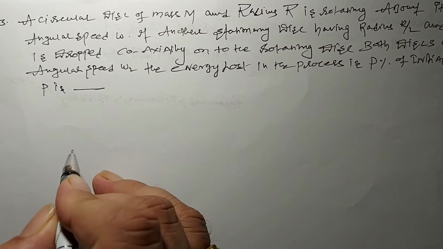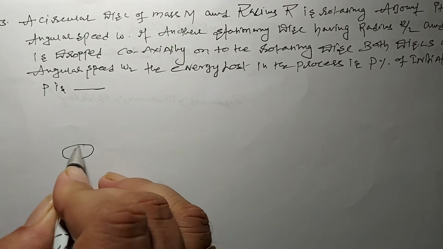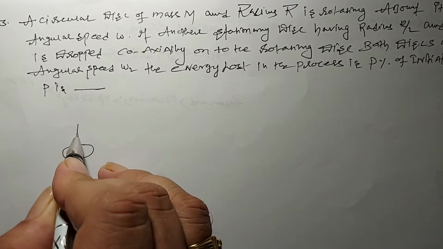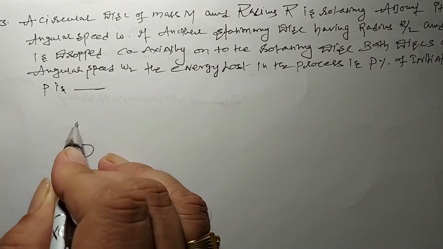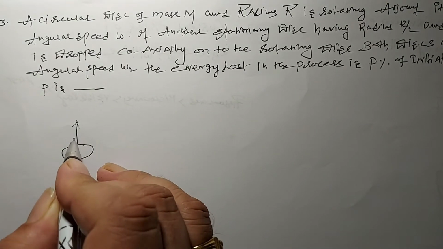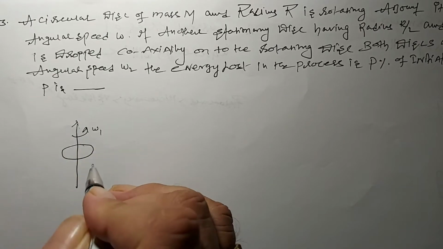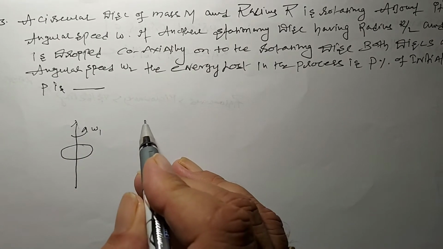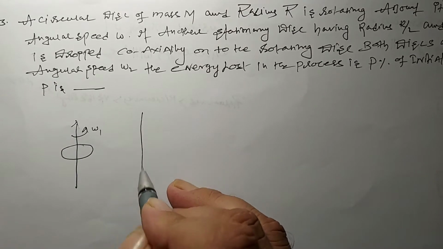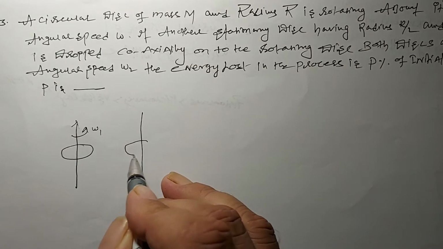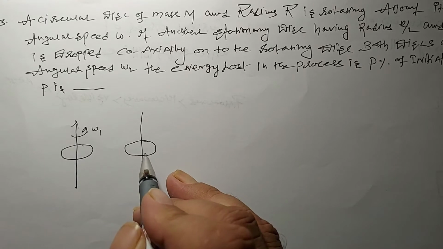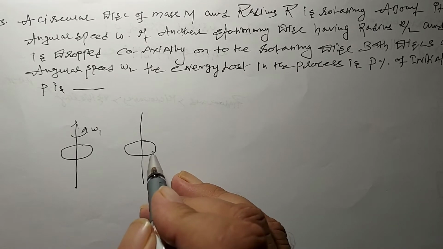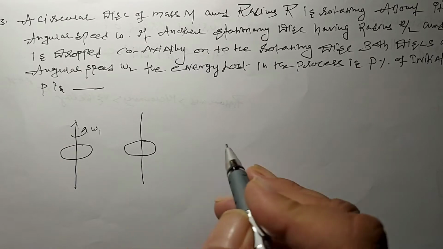Here, this is a circular disc, rotating about an axis with the angular speed omega 1. Here another disc, having the same mass and radius r by 2, is at rest.